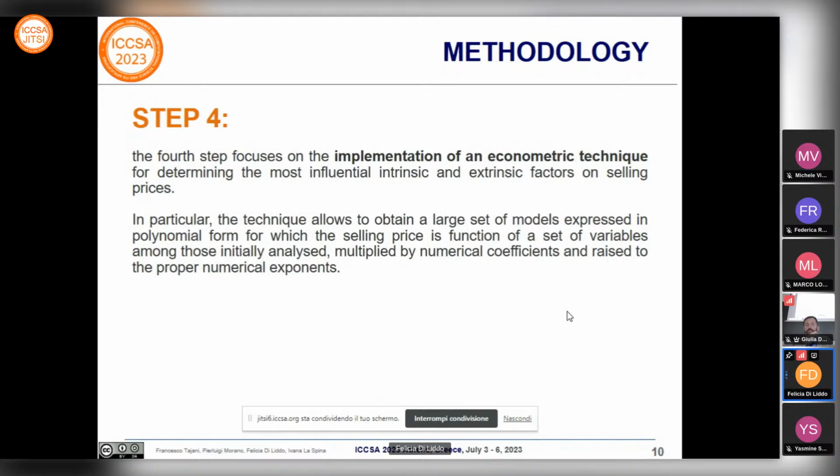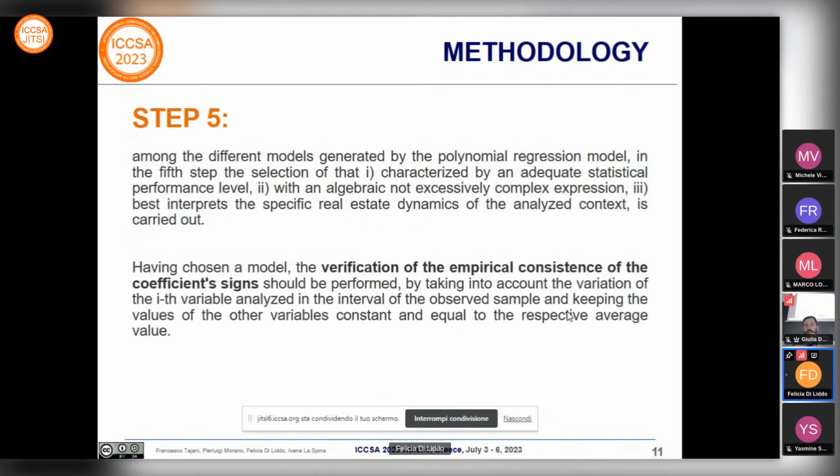Step number 4 focuses on the implementation of the econometric technique for determining the most influential intrinsic and extrinsic factors on selling prices. Among the different models generated by the econometric technique, in step number 5, the selection of the best model is carried out.